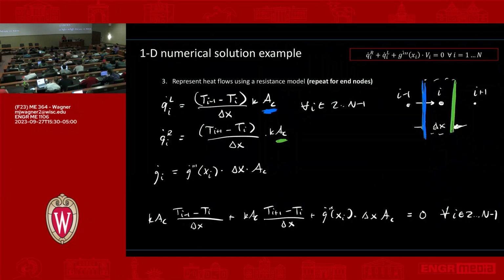Questions on this? Does the q dot not have a negative sign? So the q dot we've drawn coming in, and so when we did the energy balance, the question was, does q dot not have a negative sign? We drew it coming in, so by our convention, everything going in is positive.